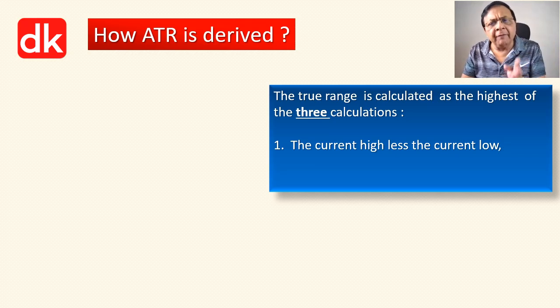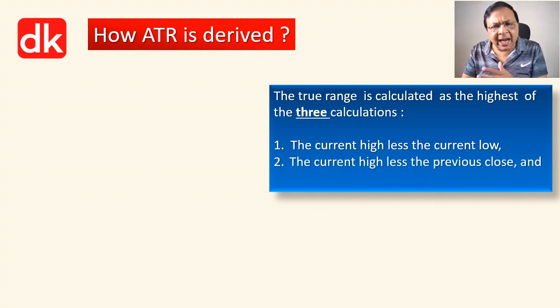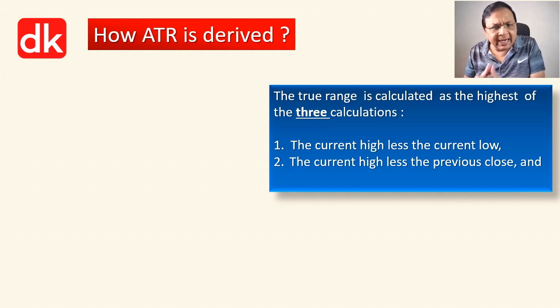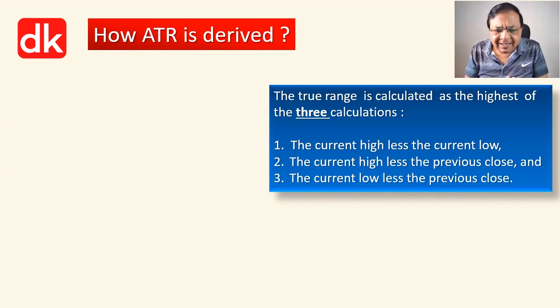Say the value of this is X. The second calculation is the high of the current candle minus the close of the prior candle, which may be designated as Y. And the third is the current candle's low minus the previous candle's close, which we designate as Z. Whichever is the highest out of these three calculations is used to arrive at the value of true range.